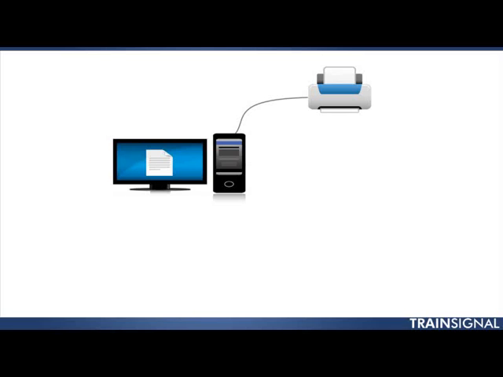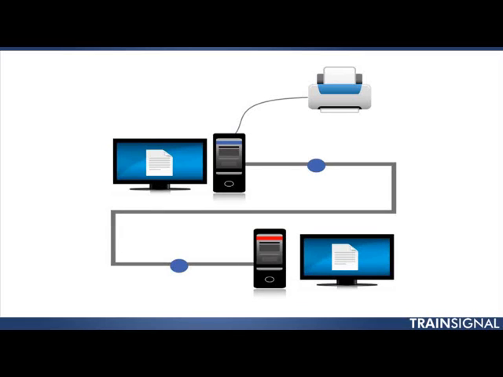So now that we've seen a host and we've seen resources, in order to turn this into a network, it's simple. Add one more computer. We added one more computer here. And that computer also, as you can see, has a resource. It has a file on it. And these two computers, or these two hosts, are sharing resources with one another.